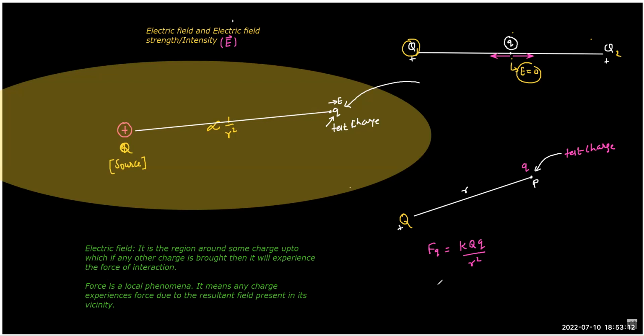Now the electric field strength at the point P we simply define as the force that the charge is experiencing per unit charge. So if you bring q charge, then this is the force. What if you bring unit charge? The answer will be F by q. And this turns out to be KQ by r square. So this is the definition of strength, which is simply the force per unit charge.